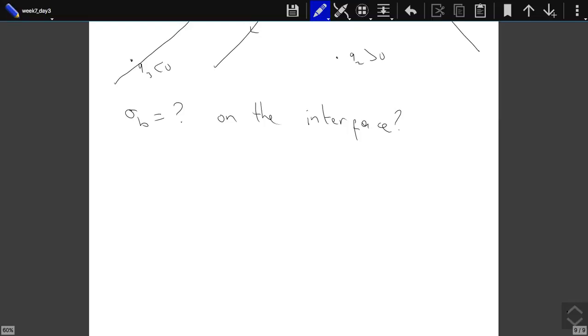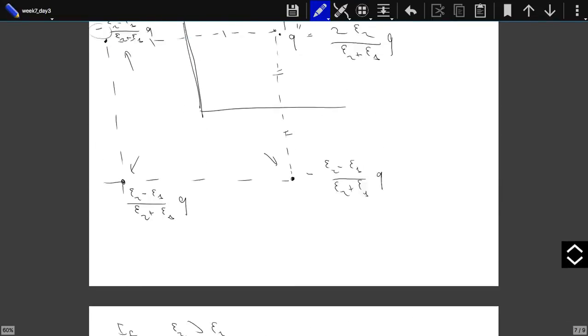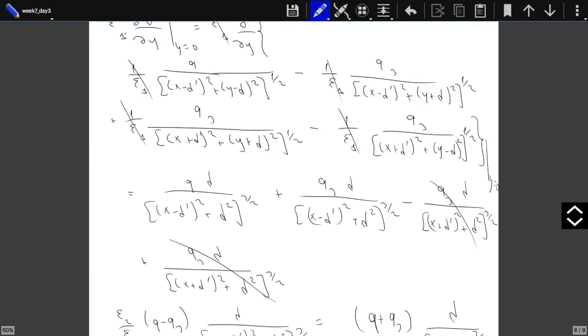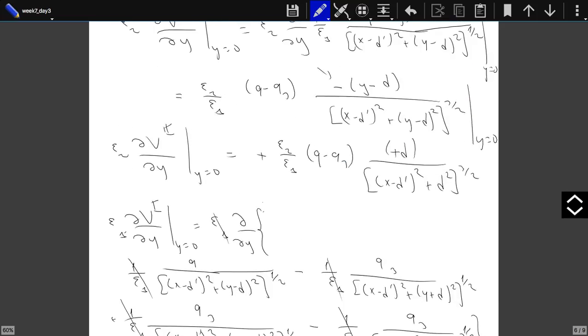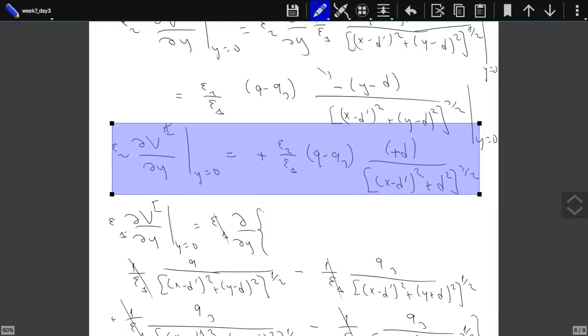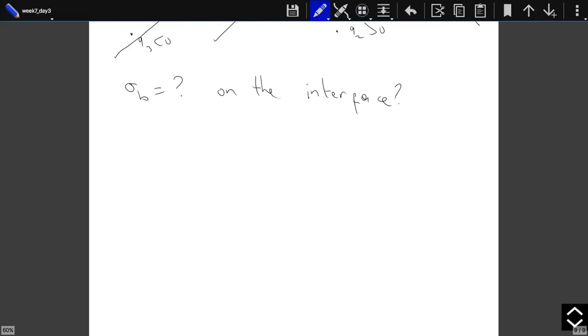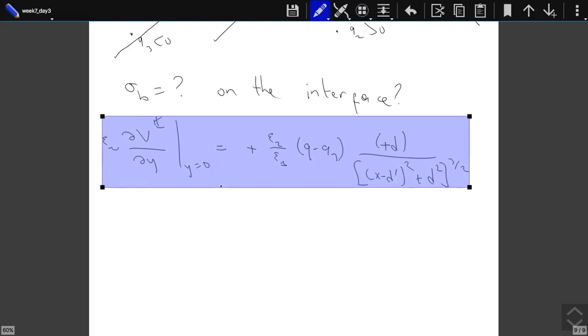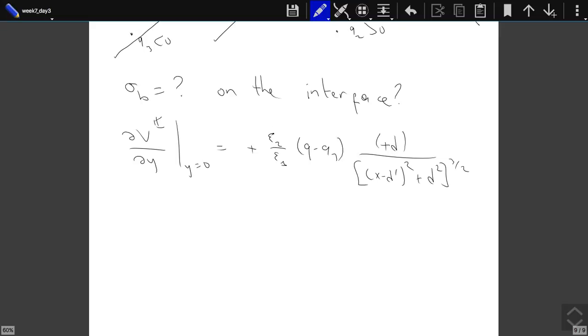So let's see. We already calculated the derivatives. We need these two derivatives. Let's just calculate it in the horizontal plane. So this is one derivative we have. Let me divide by epsilon 2.